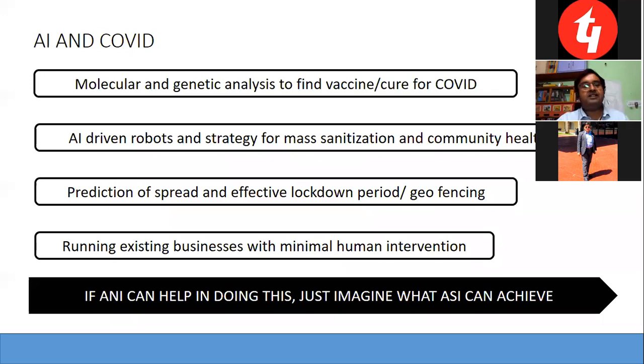All the human trials could have been simulated by it in 5 or 6 days, and within 7 or 8 days we would have a cure ready. And an AI driven plant or manufacturing center could have done mass manufacture of such drugs, and by this time there would have been no COVID at all.